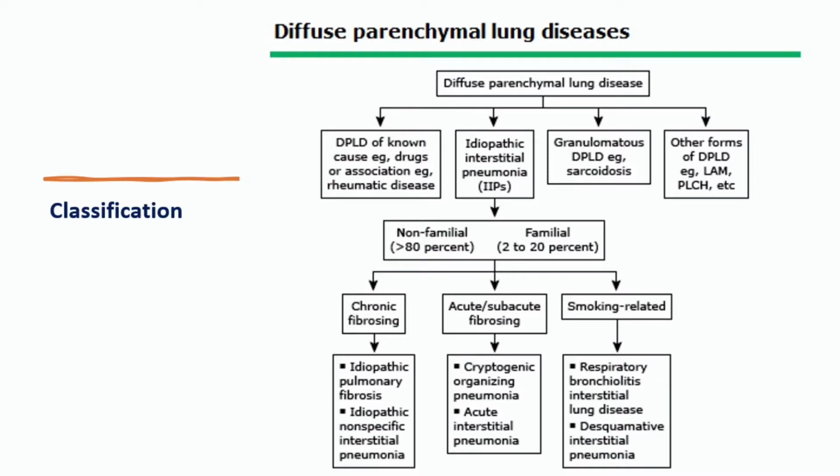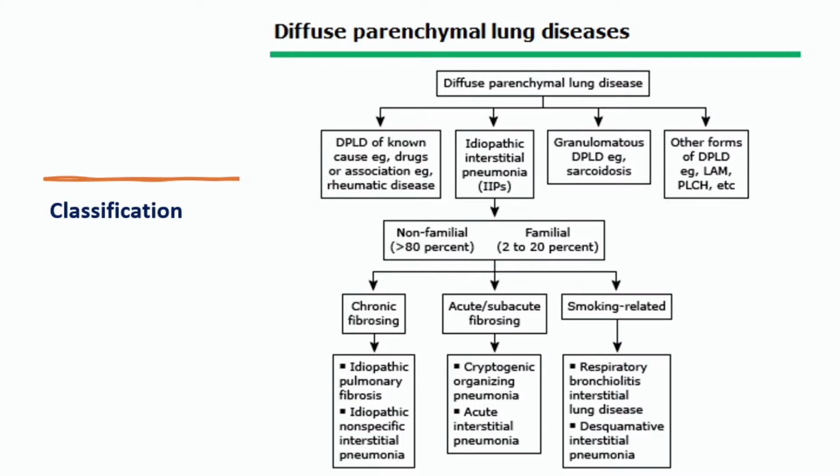Then the granulomatous interstitial lung diseases, and then other forms of interstitial lung disease. The idiopathic interstitial pneumonias we again divide into three parts: chronic fibrosing interstitial lung disease, acute and subacute fibrosing interstitial lung disease, and smoking-related lung diseases.